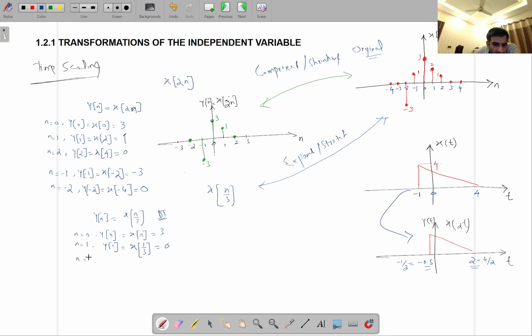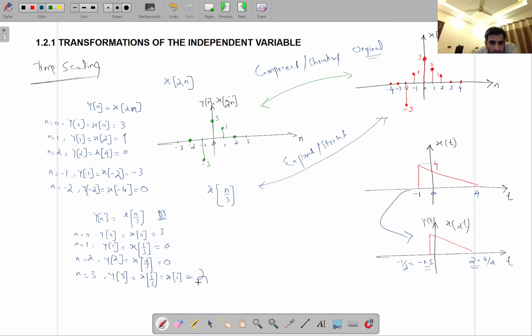Similarly, if I try n is equal to 2, I get y of 2, I'm going to get x of 2 upon 3, and again it's going to be 0 because it's not a discrete value. At n is equal to 3, I get y of 3, and finally I'm going to get x of 3 upon 3, which is x of 1, and the value of signal x at n is equal to 1 is now 2.